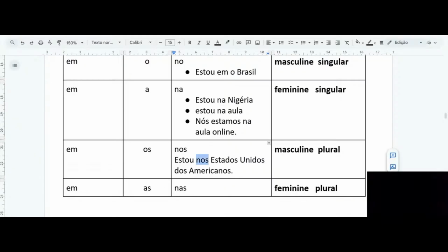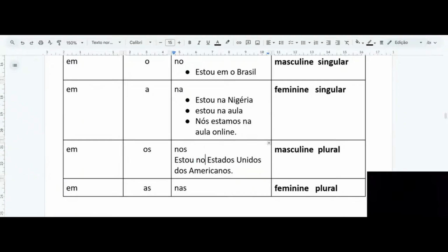Why is it plural? Someone asking us, does it mean United States is more than one country? No, that's not the meaning. It's because the words are in plural form, that's why they are also in plural. That's why it is nos. So don't go and put no. If you put no, you are wrong.